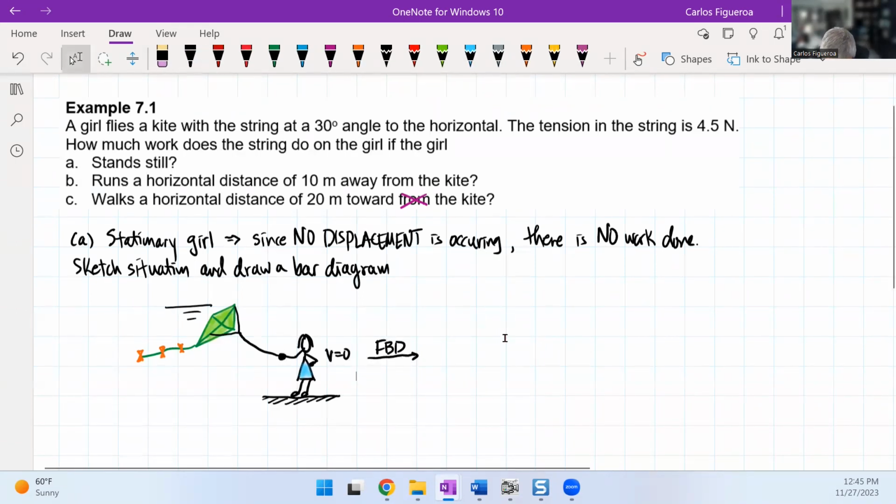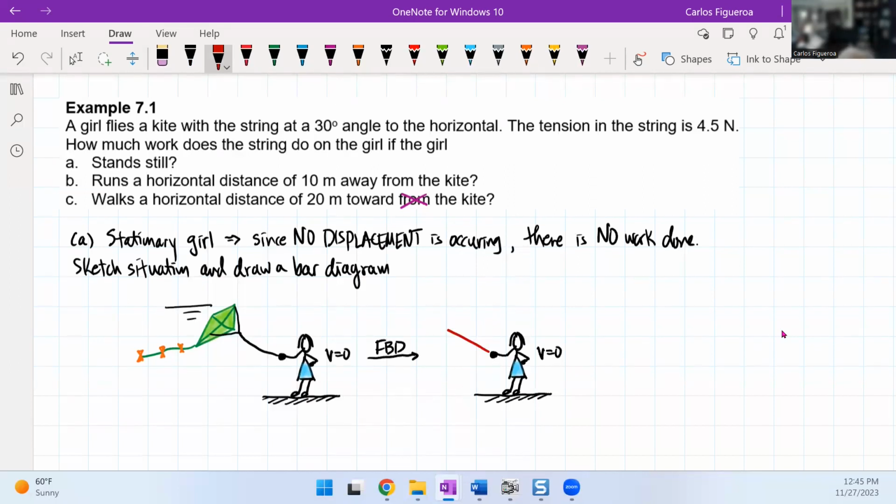I imagine I have a sketch of this girl here, and there's a tension force occurring at an angle of 30 degrees. When we're thinking about work, we know that the displacement is zero because there's no motion.